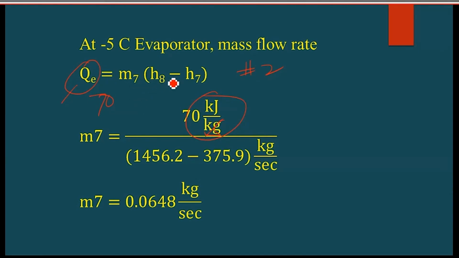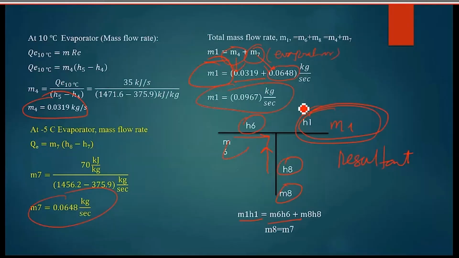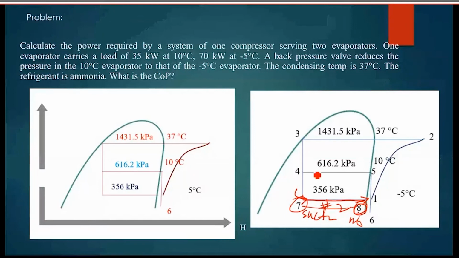Yeah, M7 equals the load over H8 minus H7. Now this is the refrigerating effect, no? H8 minus H7. So H8 we have now because it's the enthalpy of gas, and H7 is enthalpy of fluid. Let me put the background here. Now look at this. Let me clear this so that it will be a lot clearer.